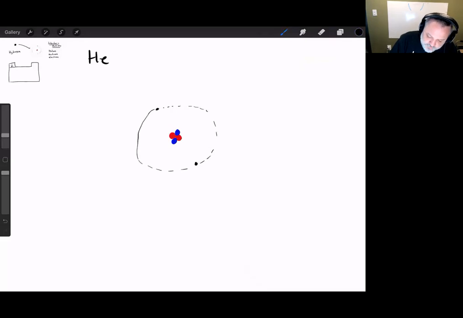And again, the orbital model isn't the best model, but it'll be fine for us for now. This is what we're going to look at when it comes to a helium atom.